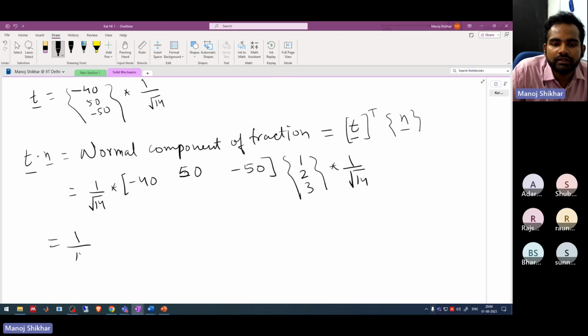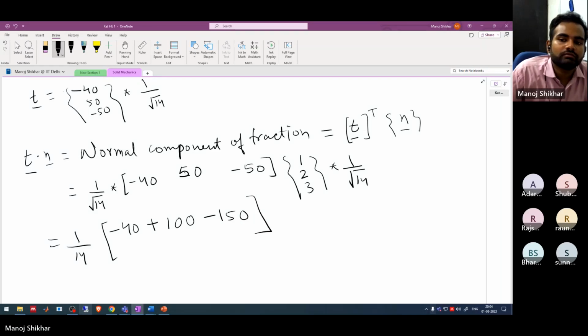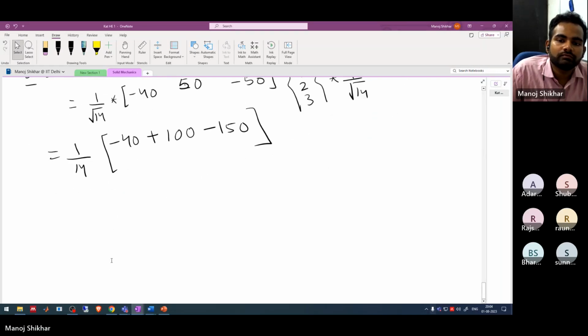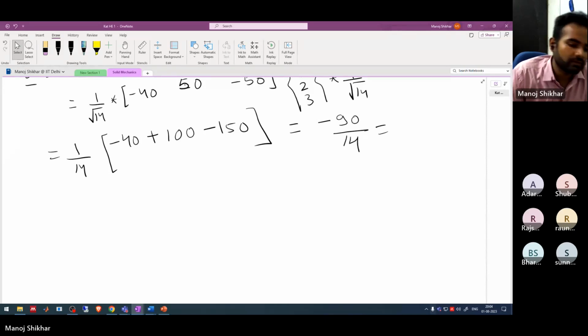We get 1 by 14 here to multiply minus 40 plus minus 150. So how much is this?